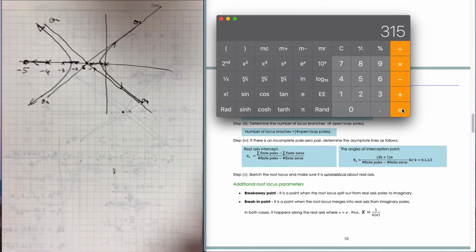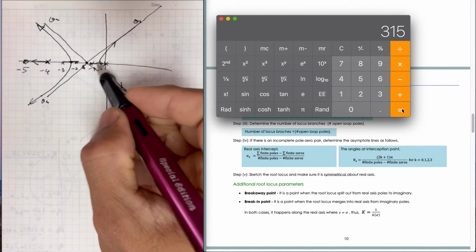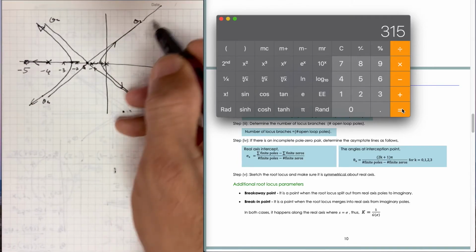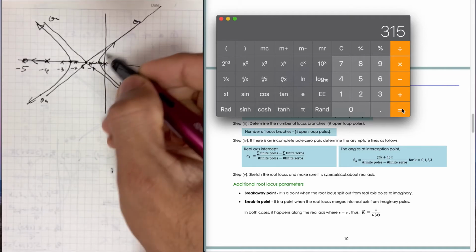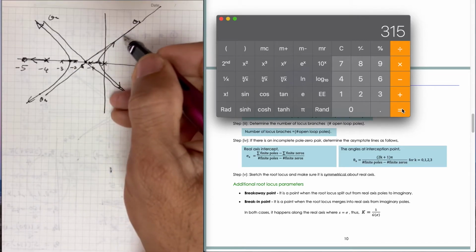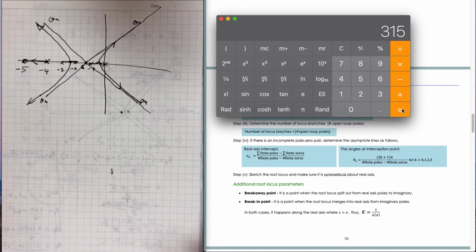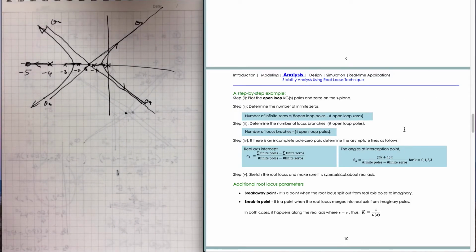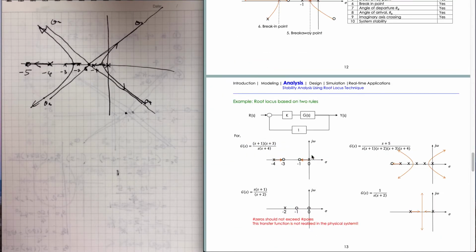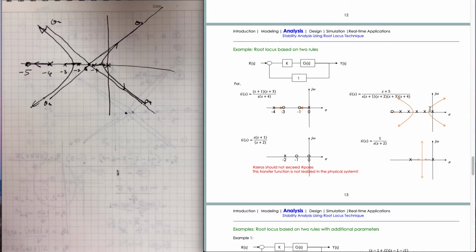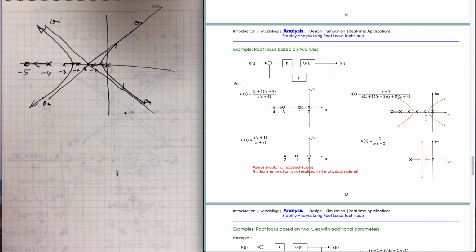So remember, you cannot cross the asymptote. You cannot draw like this, because you have to follow this direction. That's the purpose of having these asymptote lines. So by using those rules, you can simply draw this root locus, right?